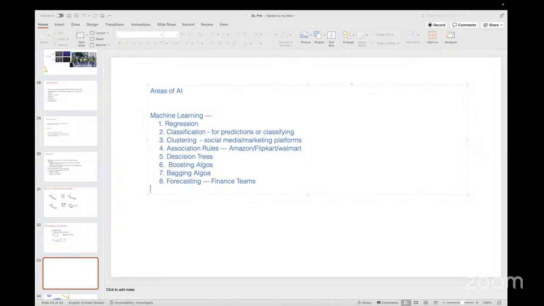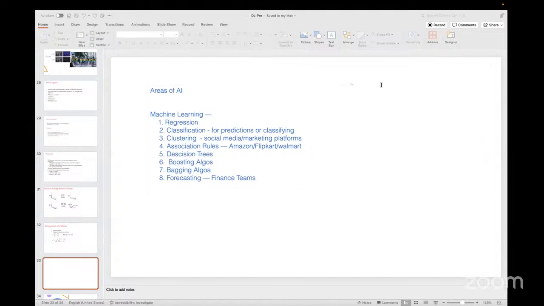So these are the different areas of machine learning that we cover at a very high level. I explained and also explained the uses. And then we jump into deep learning and generative AI, because that is very, very important.